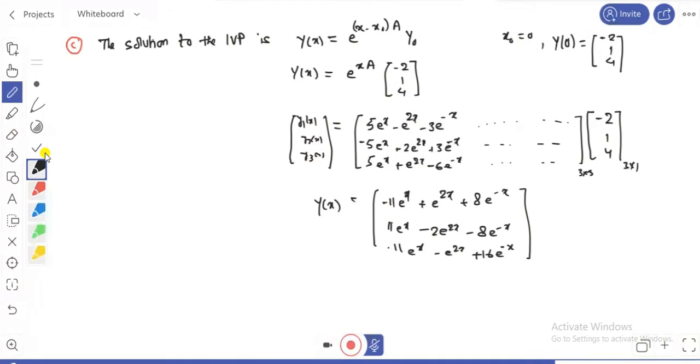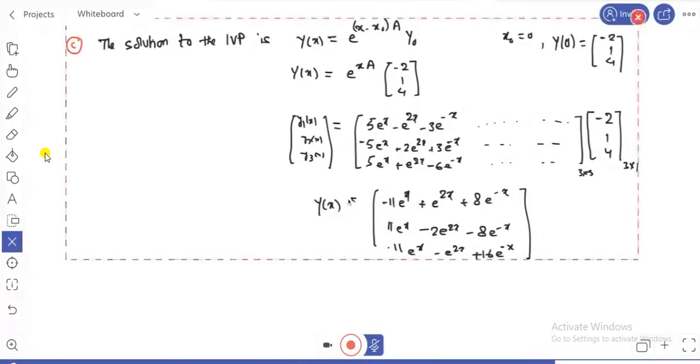Second one, what is the fundamental matrix? So on the next page we try to find the matrix exponential by using the fundamental matrix.